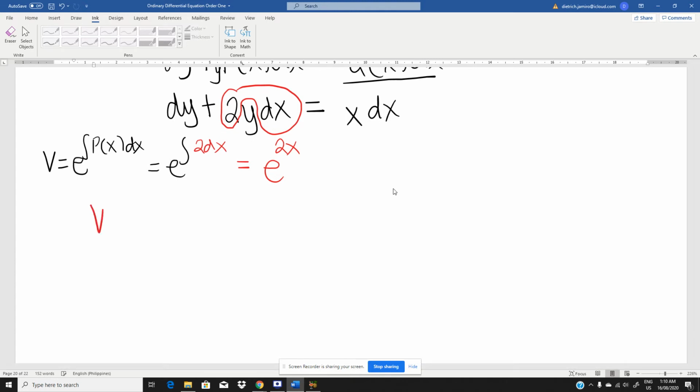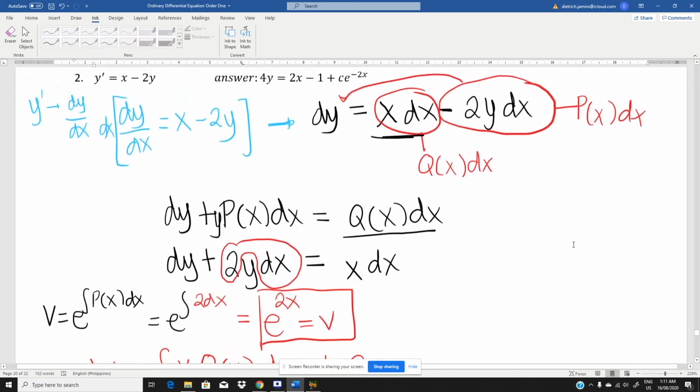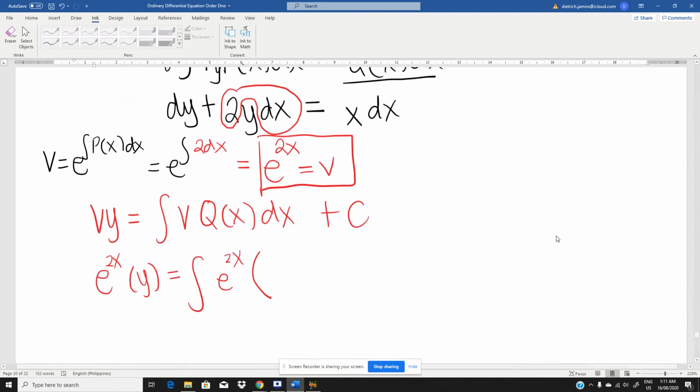So we will have vy equal to the integral of v times q of x dx plus c. Substituting, we will have e raised to 2x multiplied by y is equal to the integral of e raised to 2x multiplied by q of x dx. Our q of x dx is x dx.